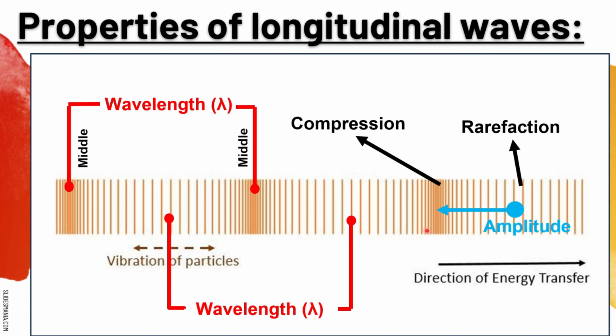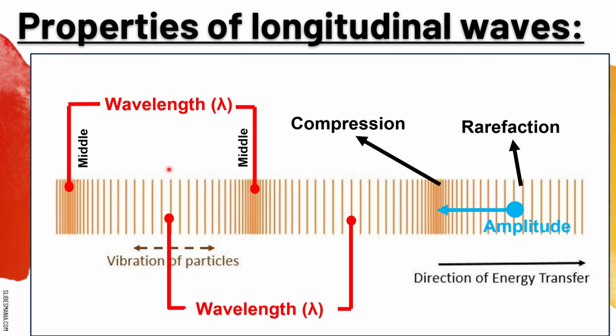Now, where they are very close to one another at a high pressure, we call it a compression. The place where they are very spread out, far from one another, is what we call a rarefaction. So, compression, region of high pressure, while the rarefaction is a low pressure area.